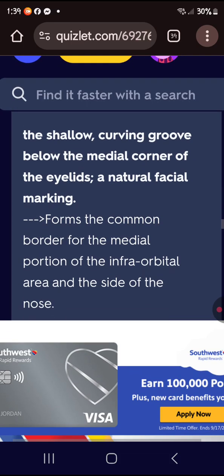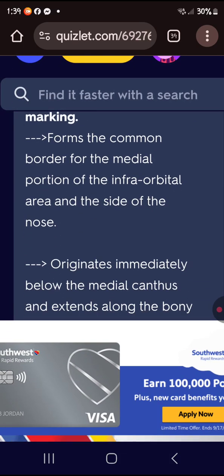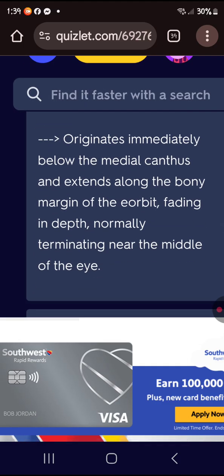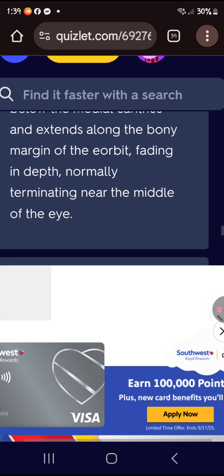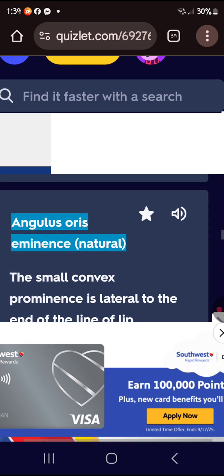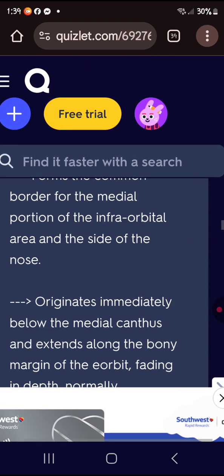The oblique palpebral sulcus forms the common border for the medial or middle portion of the infraorbital area and the side of the nose. It originates immediately below the medial canthus, or middle canthus, and extends along the bony margin of the orbit, fading in depth, normally terminating near the middle of the eye. Oh, I guess there's not a picture for that one.